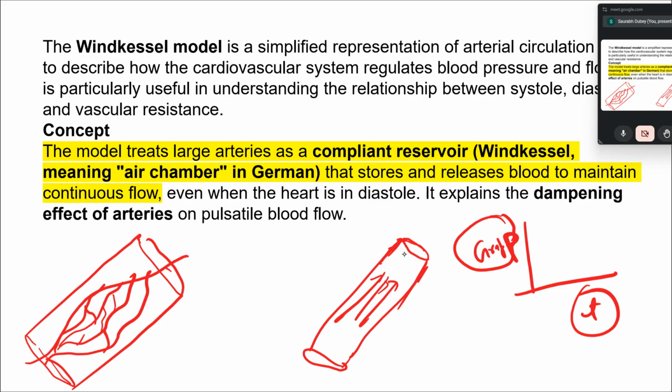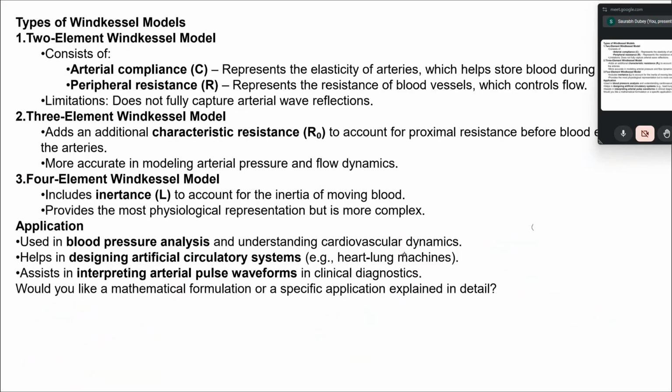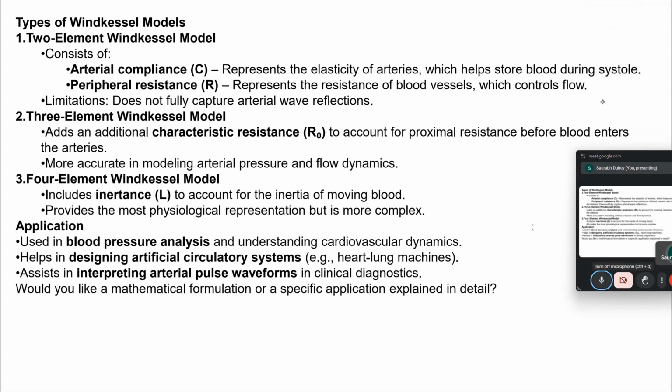So gradient of p versus time, right? Now there could be different kinds of Windkessel models about which we have solved many questions. There are the two element, three element, and four element Windkessel models. The two element one consists of the arterial compliance and the peripheral resistance. Arterial compliance represents the elasticity of the artery, which helps in storing blood during systole.